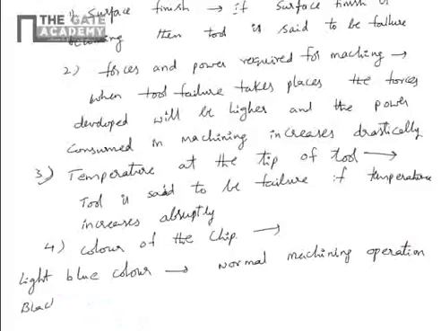Black color, or it is also called burnt color, indicates high temperature of the chip. A bright shiny surface at the bottom of the chip indicates the machining is taking place with formation of built-up edge.